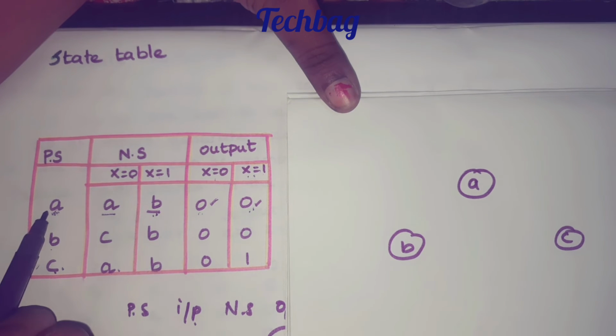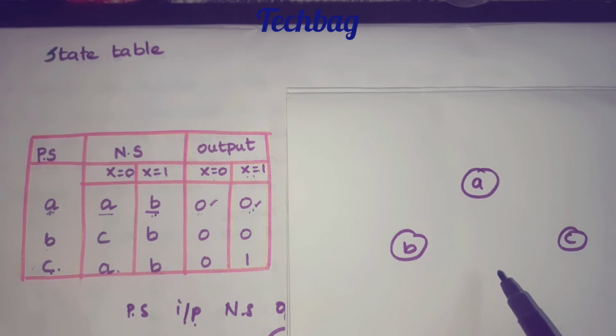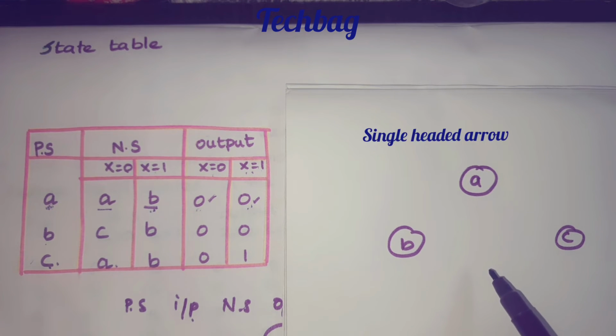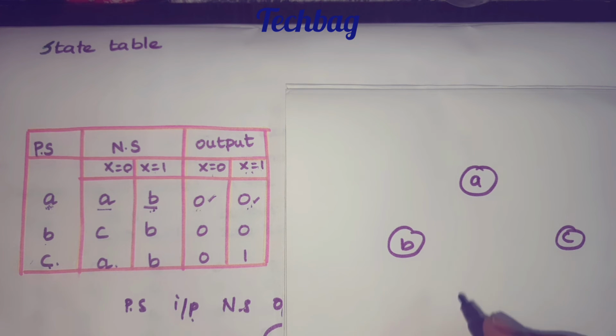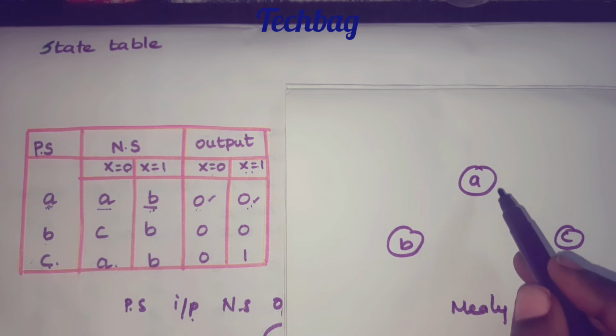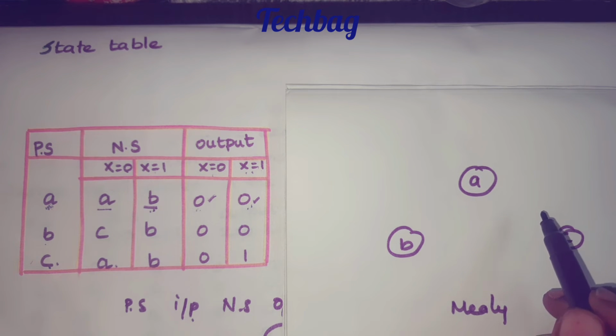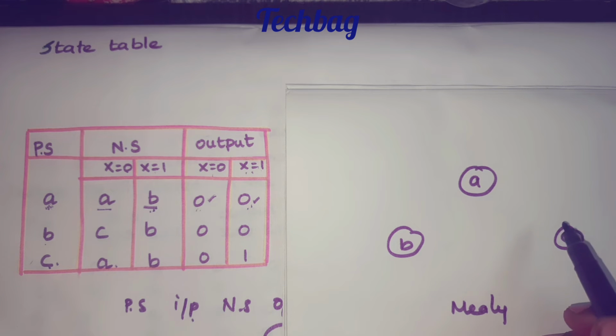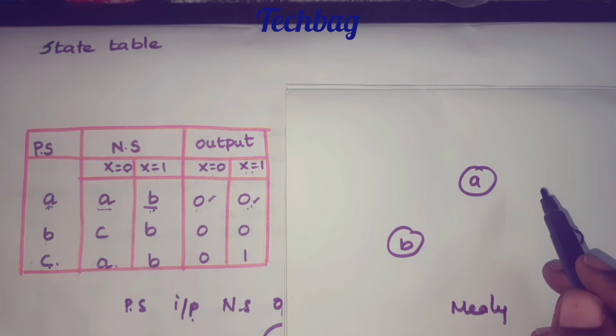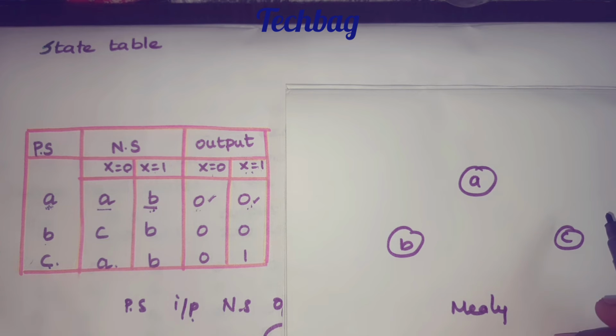Start from the first row, and in state diagram, the state transition is represented by a headed arrow, and here it is a Mealy model. One important thing in Mealy model is that on that transition line, there are 2 values. You have to represent 2 values separated by a slash. The first value represents input and the second value represents output.